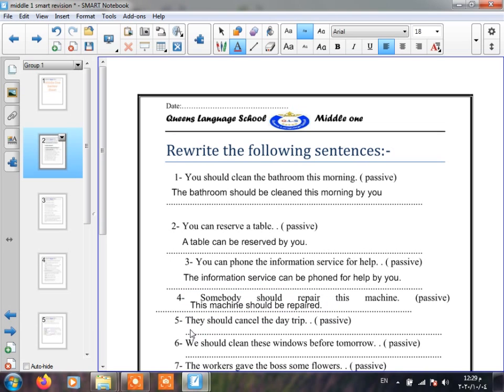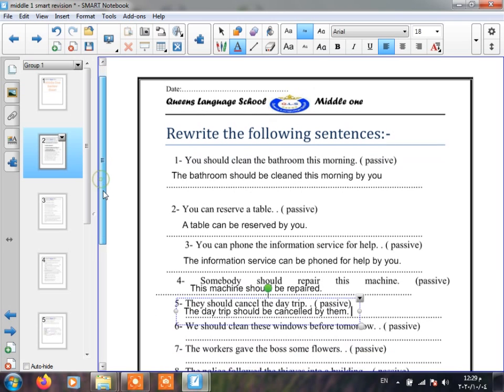Number 5. They should cancel the day trip. The day trip here is the object, so I have to start the sentence with it. So the day trip should be cancelled by them.